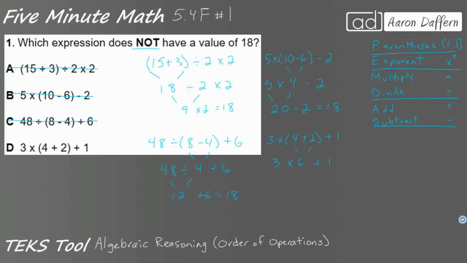Multiplication comes next. 3 times 6 makes 18, but we still have to add 1. So that add 1 takes us one more too many. So we don't need 19, we need 18. So A, B, and C all equal 18. It's that D, and it really is that plus 1 that knocks it out. So our answer here is D.